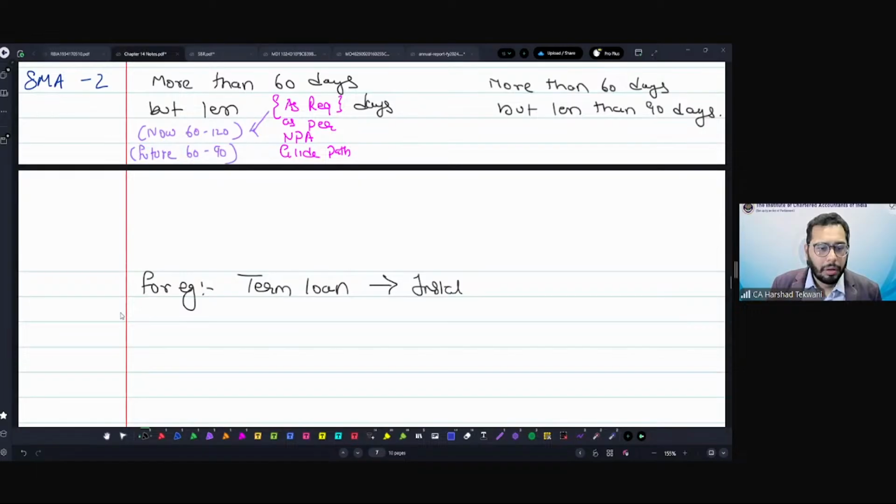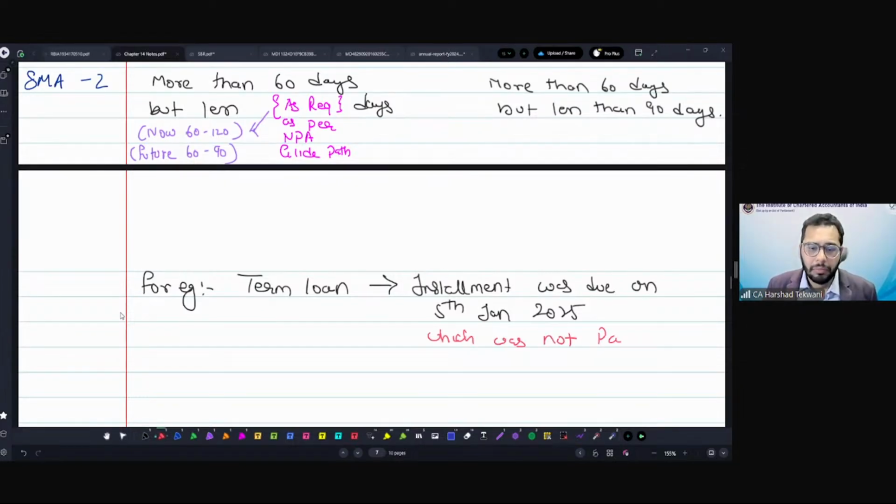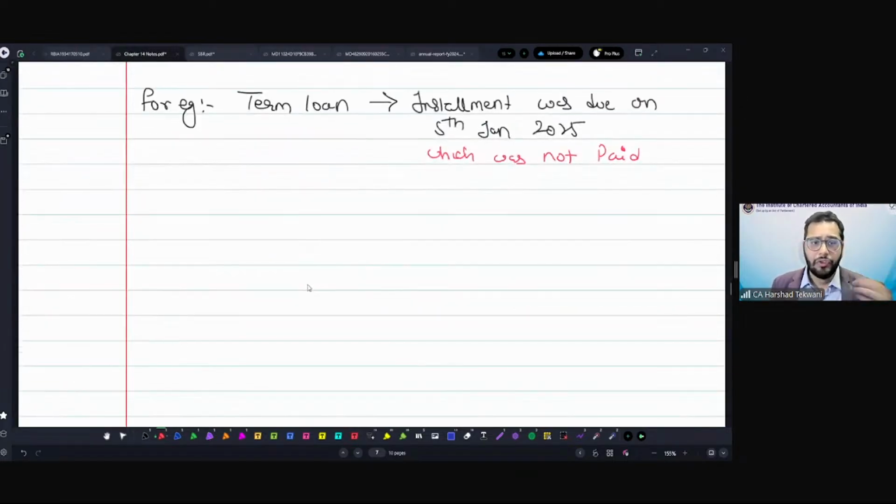An installment was due on 5th Jan 2025, which was not paid. Simple. 5th Jan 2025, installment due, not paid. I'll not go into the amount as of now; there is no need for the amount. Installment was due, they did not pay.